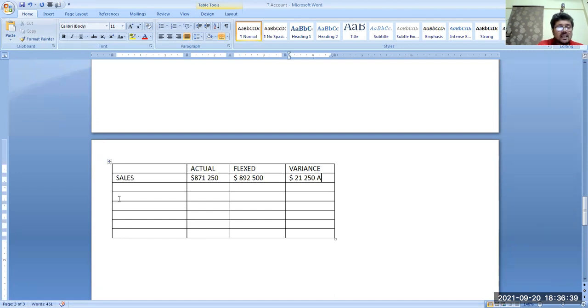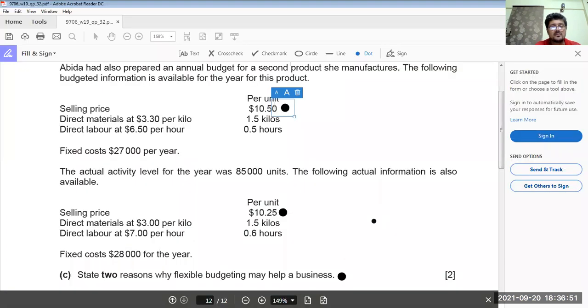Then now come to DM. You know what is DM? Direct material. Yes. Now come to direct material. Okay. They were supposed to buy for 85,000 units, multiply by 1.5 kilo, multiply by $3.3.